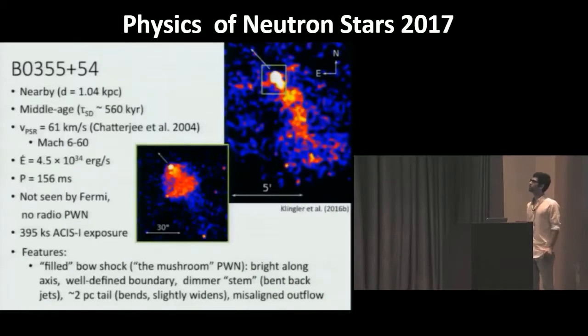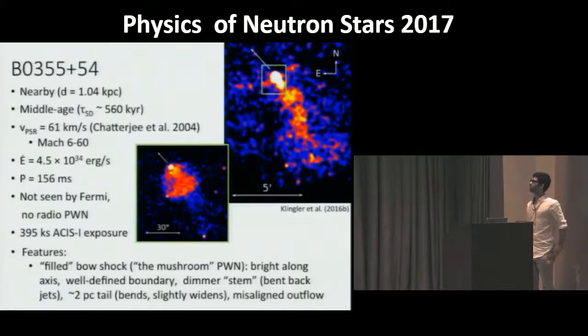B0355 is a lot closer. It has a parallax distance of 1.04 kiloparsecs and a proper motion of 61 kilometers per second, thus putting its Mach number between 6 and 60. It's a little bit less energetic, and it's not seen by Fermi, and there's no radio tail associated with this. There have been a bunch of searches with the VLA and the JVLA, and nothing was seen, unfortunately.